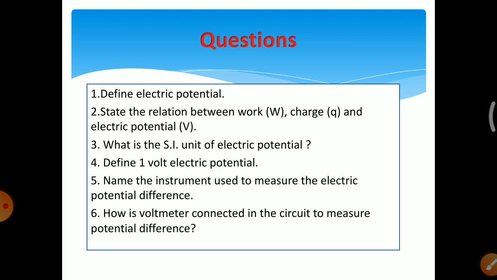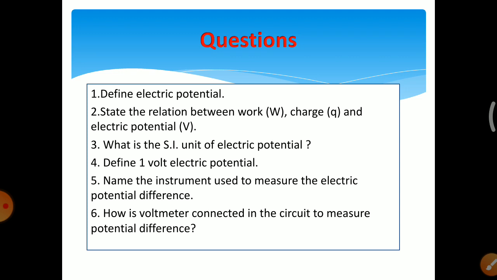You have to answer the following questions. The first one, define electric potential. The second one, state the relationship between work W, charge Q and electric potential V. The third question, what is the SI unit of electric potential?